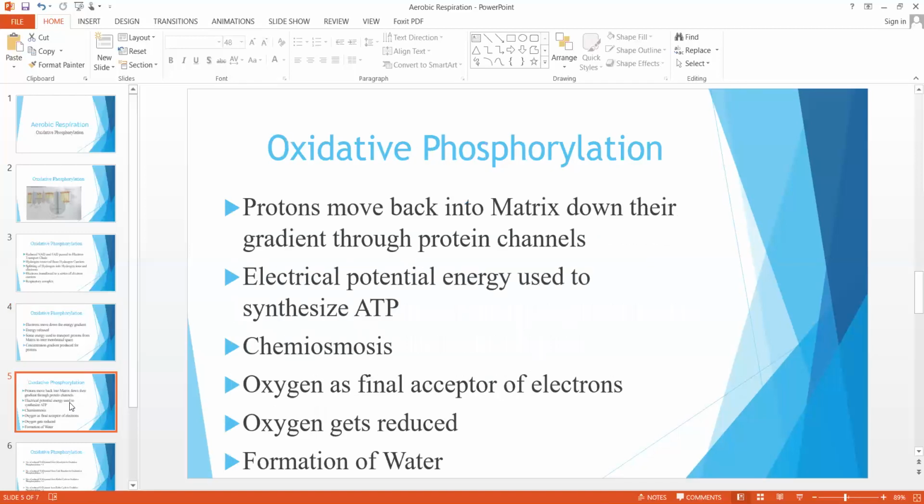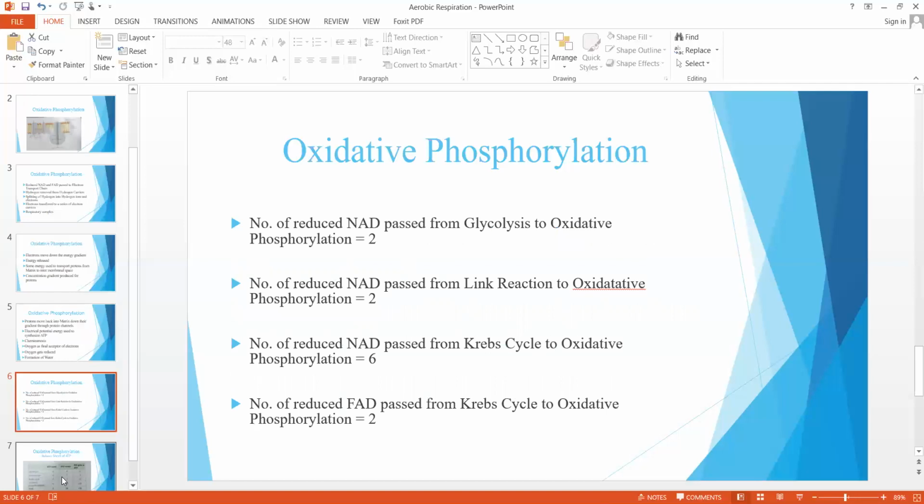So if we see the total number of reduced NAD and FAD passed to the oxidative phosphorylation or electron transport chain from the different stages of respiration, the number of reduced NAD passed from glycolysis to oxidative phosphorylation is 2.